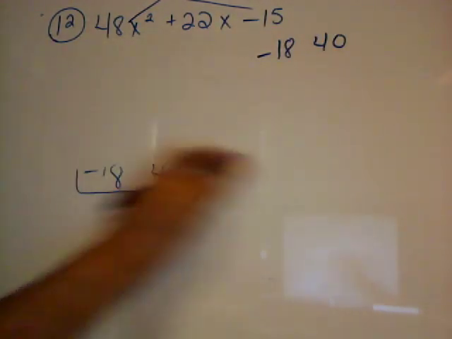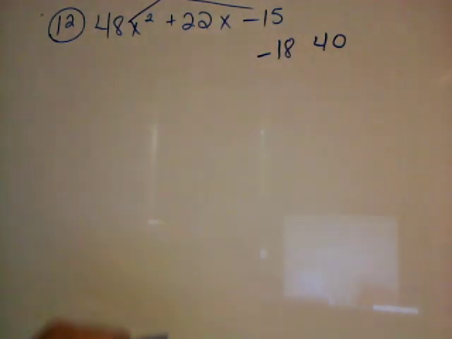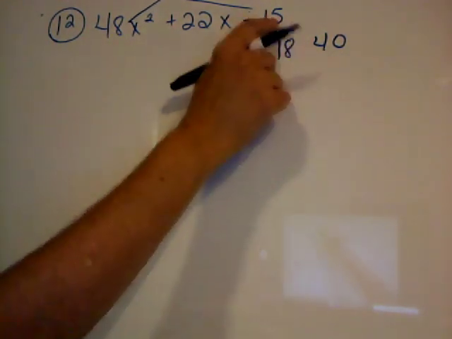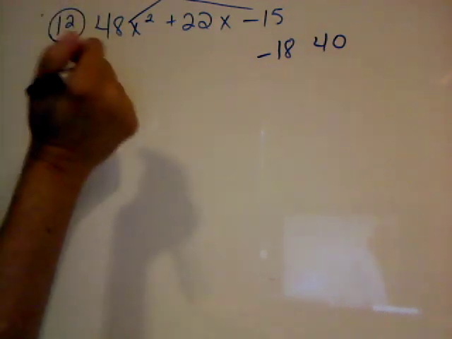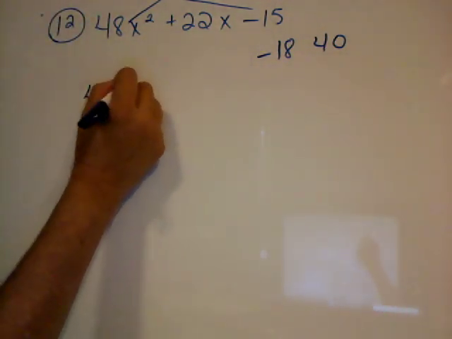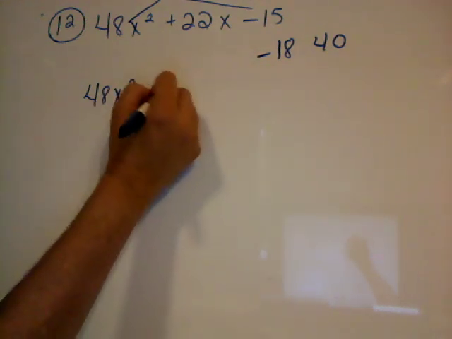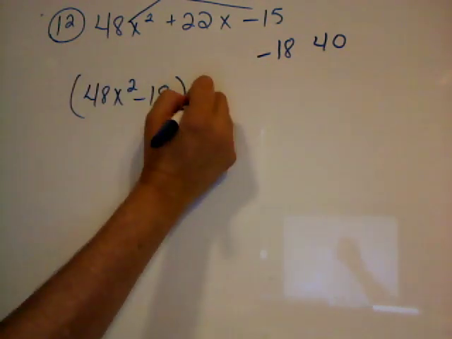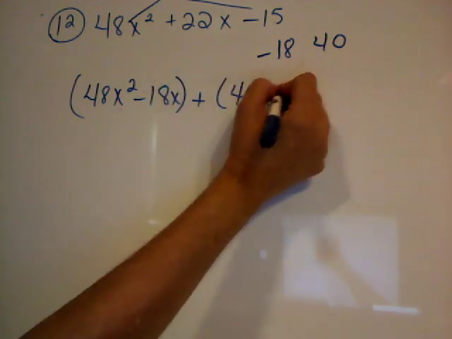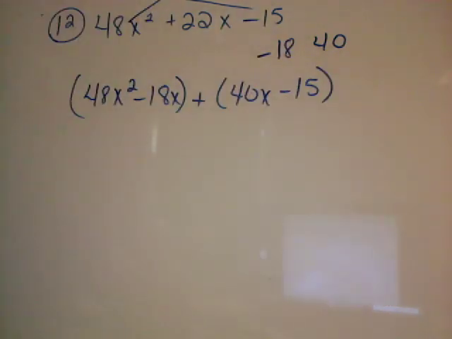Okay, so looking at this, I see that I would like to put my 18 with my 48 and my 40 with my 15, because then I can factor some more. Okay, so I'm going to say 48x squared minus 18x plus 40x minus 15.